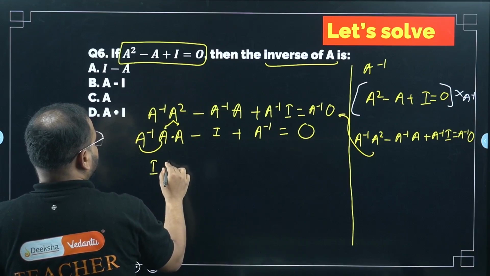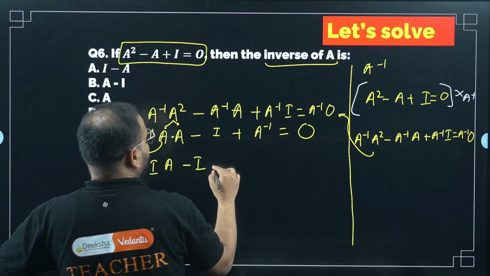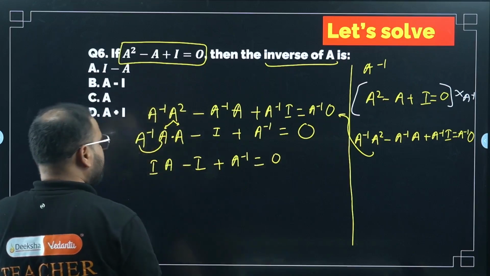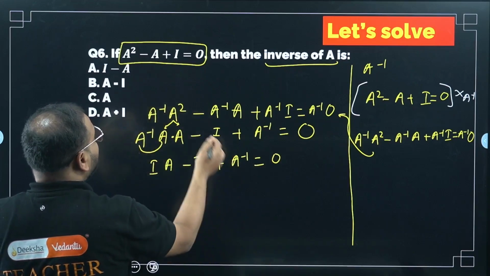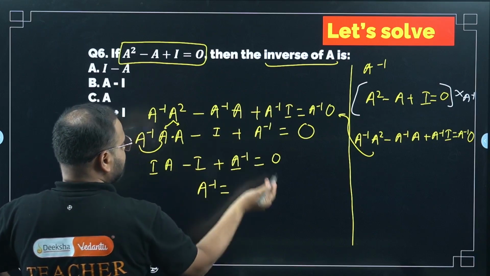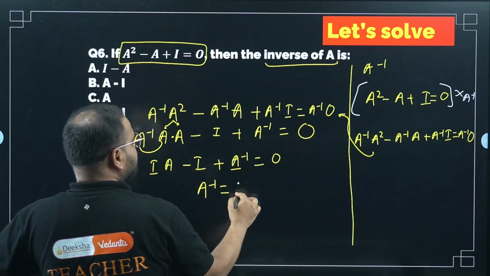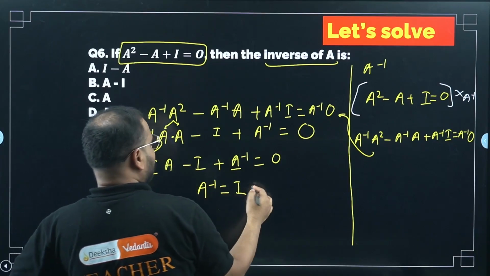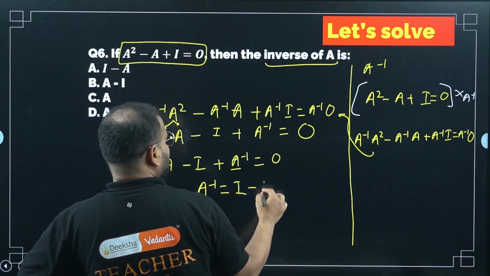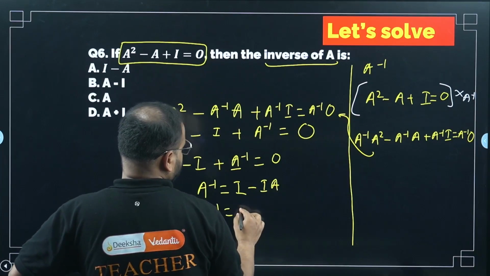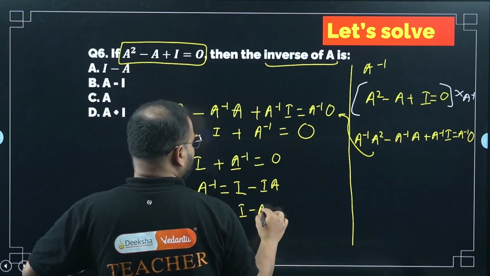Now again this will become I. So IA minus I plus A inverse equal to the null matrix, or 0. I want the value of A inverse, so I'll keep this here and bring the other terms over there. So I is negative, here it becomes positive, and IA becomes minus IA. IA is nothing but A only.